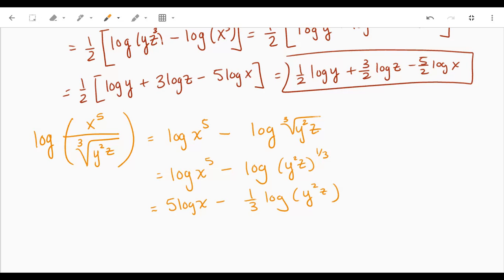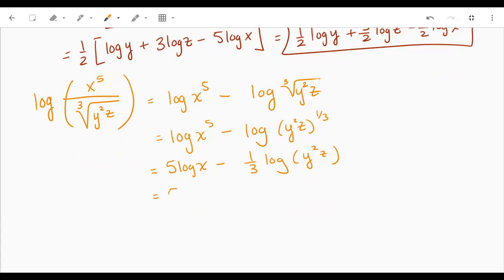Okay, and now that first 5 log x, we're done with that. But we can keep working. We've got to separate the y and the z more. So we're going to have minus 1/3 log y squared plus log z. Okay, and now we can take that squared out.